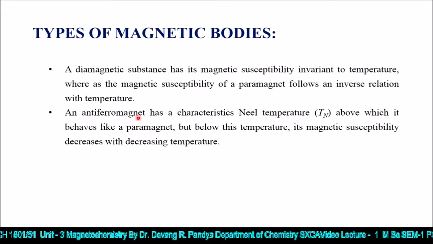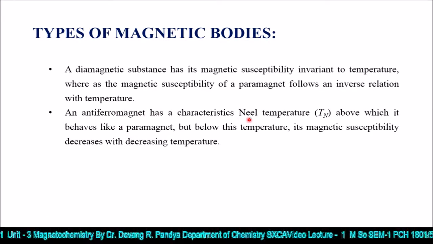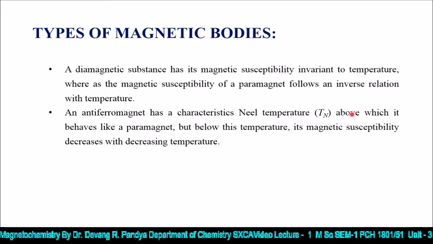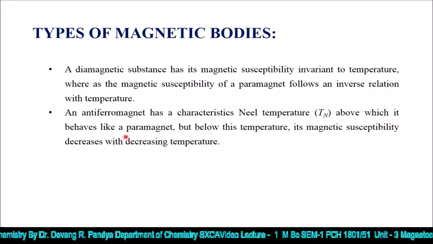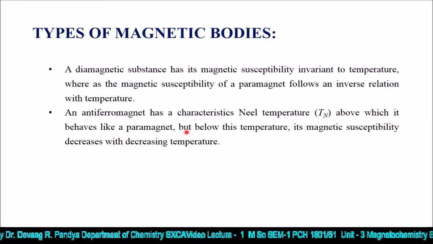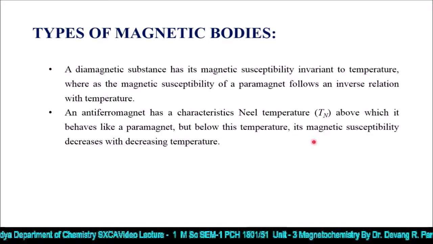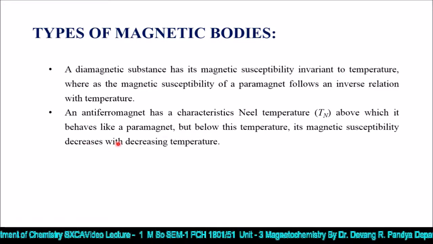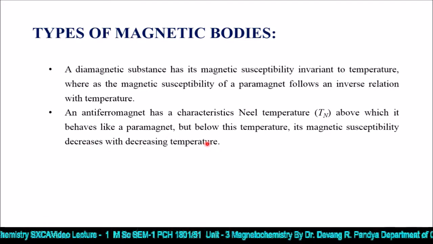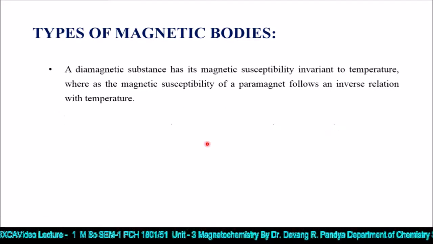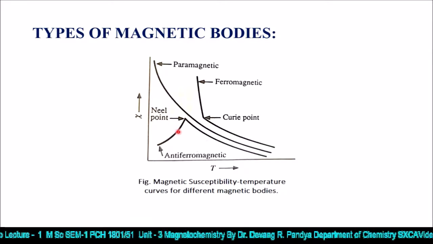An antiferromagnet has a characteristic Néel temperature above which it behaves like a paramagnet, but below this temperature its magnetic susceptibility decreases with decreasing temperature. That we have already noticed in this diagram.